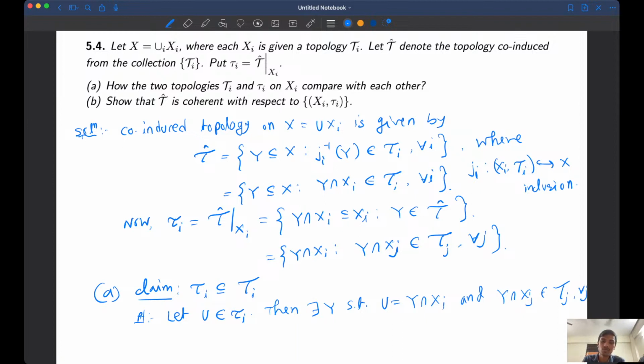From here, can you conclude that u also belongs to tau I? Yes. Why?